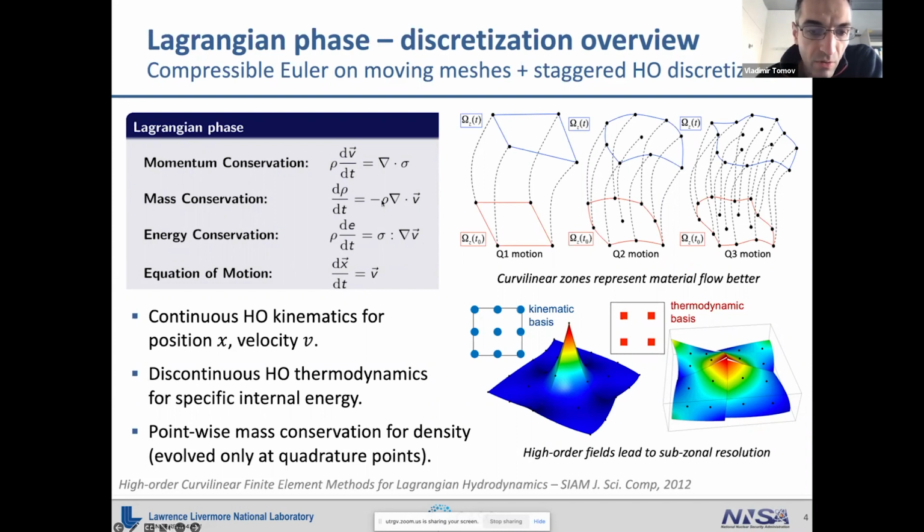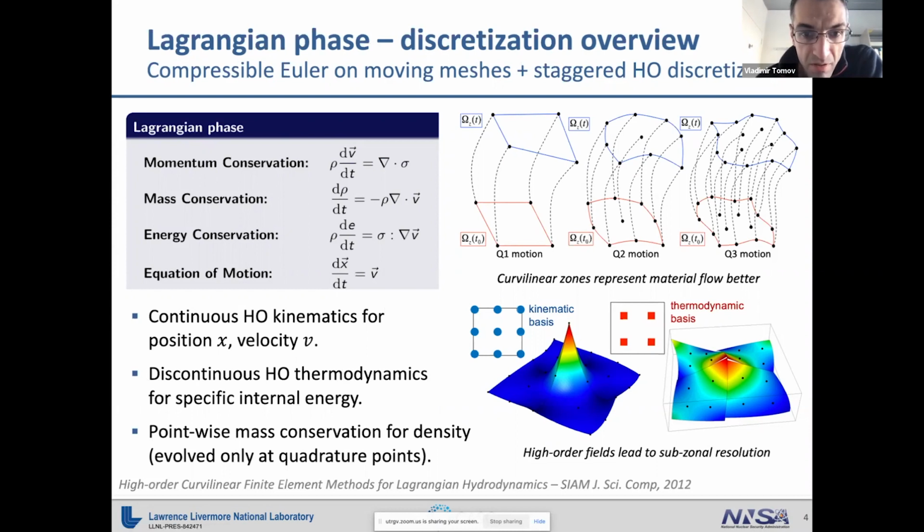All of the viscosity that comes is artificial to stabilize the system. What we do, we have continuous high order space for the velocity and mesh, L2 discontinuous for the energy, and the mass is evolved pointwise through strong mass conservation, pointwise mass conservation. Here is some example of the high order mesh motion.